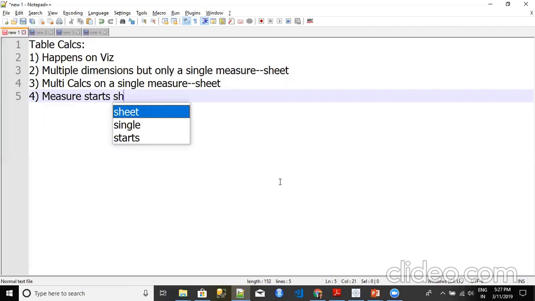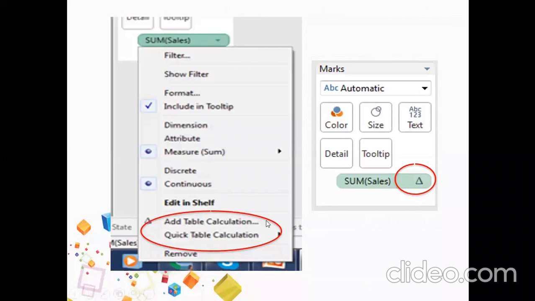starts showing a delta, or a small triangle, next to it. What I mean by this is, once we apply a table calculation in the detail shelf or anywhere in your rows and columns, your sum of sales will be showing with a small triangle.